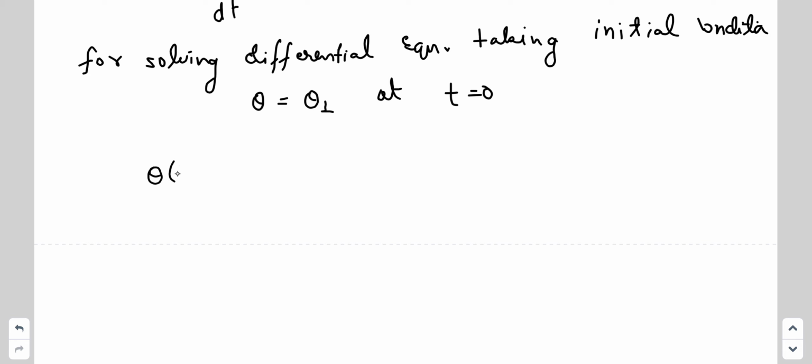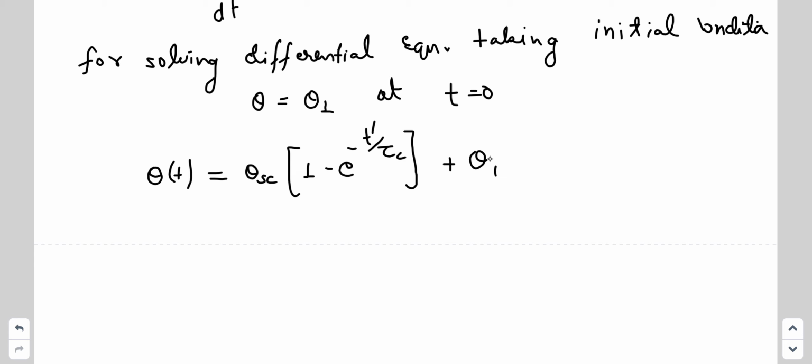Theta t for the cooling operation will be theta Sc, the steady state temperature in cooling, into (1 minus e to the power minus t dash by tau c) plus theta 1, the initial temperature at t is equal to 0, e to the power minus t dash by tau c.